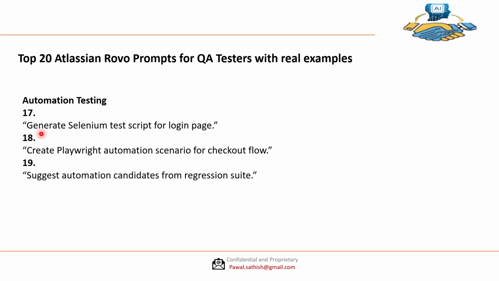If you are working on manual test cases and you want to automate them in Selenium or Playwright, we'll simply say generate Selenium test script for the login page, or create Playwright automation scenarios. If you give the prompt suggest automation candidates for the regression suite, along with the suite name, it will identify which test cases we can automate, and it will give the list.